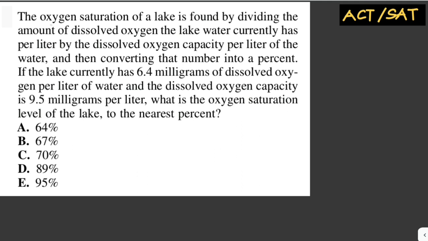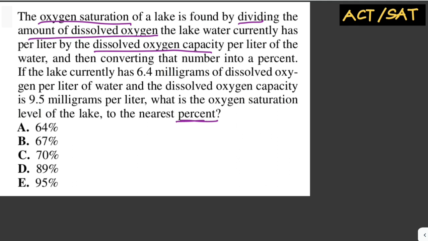Now it's stated here that to find the oxygen saturation, we just have to divide the amount of dissolved oxygen by the dissolved oxygen capacity per liter. And we are asked for the percent or percentage. We just have to multiply it by 100%.